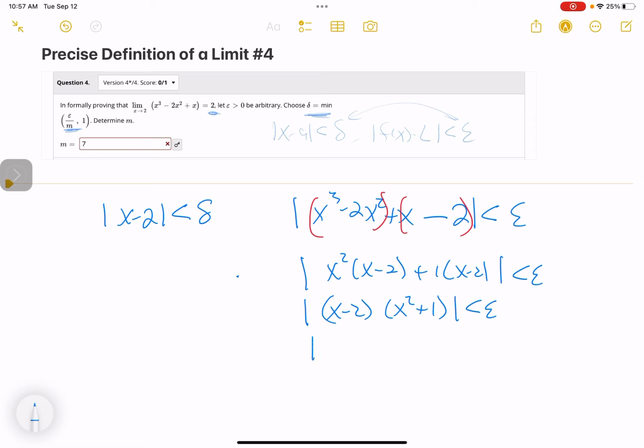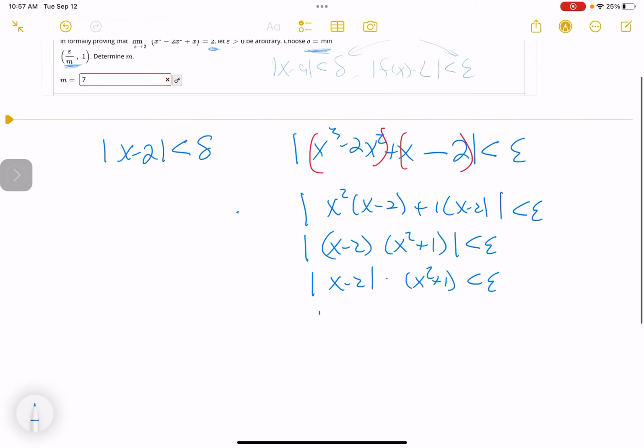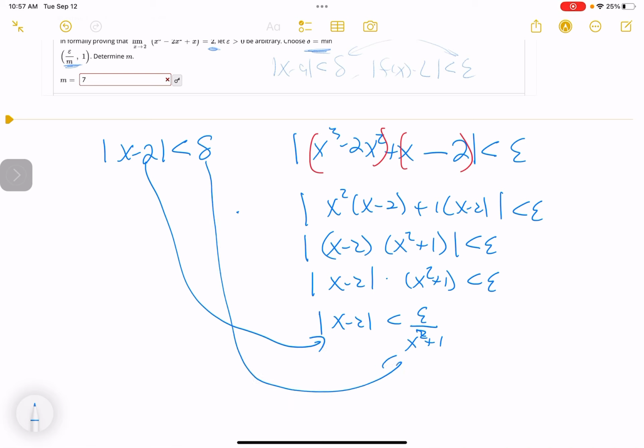And we could really just say the absolute value of x minus 2 times x squared plus 1, because this is always positive, so it can come outside the absolute values, is less than epsilon. And we could say the absolute value of x minus 2 is less than epsilon over x squared plus 1. So we have this relationship between this delta and this epsilon over x squared plus 1.